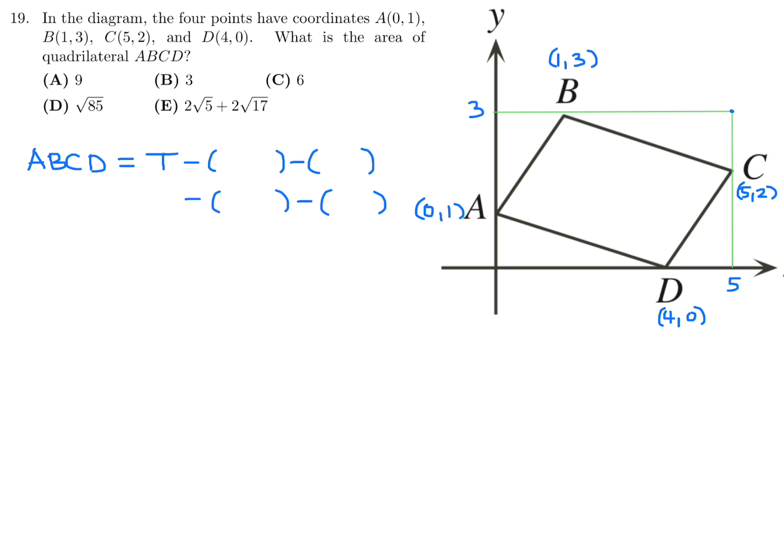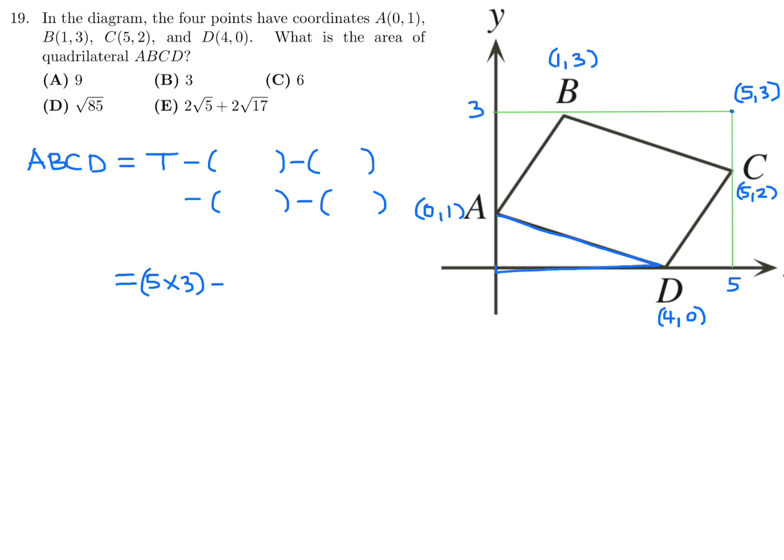So this coordinate right here is (5, 3). So that basically tells me that the dimensions of that rectangle are 5 and 3. So immediately the total area, this T right here, is 5 times 3. So that's the first. Now I've got to figure out each of these triangles.